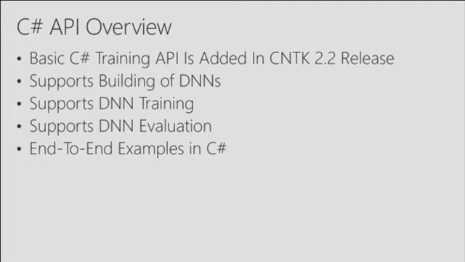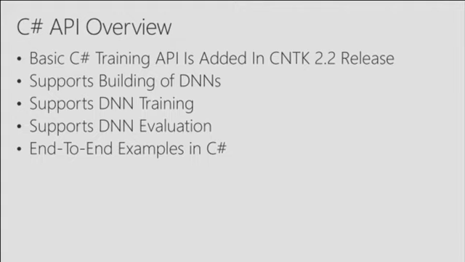But for most of the toolkits out there, the most popular interface is Python. So now you need to either duplicate your data pre-processing code in Python, which is very error-prone, or somehow bridge these two languages, which is inconvenient. So we got a lot of requests to create a C# API for both training and evaluation.